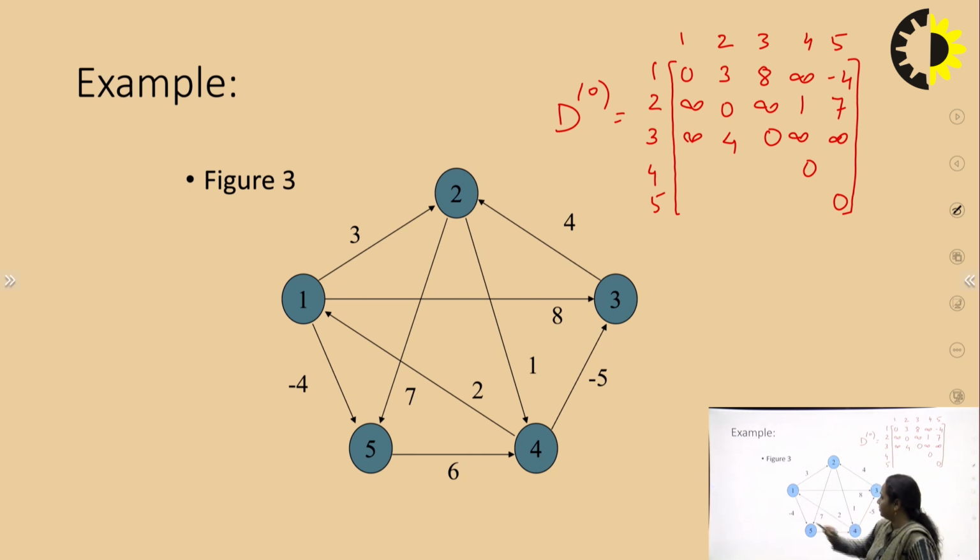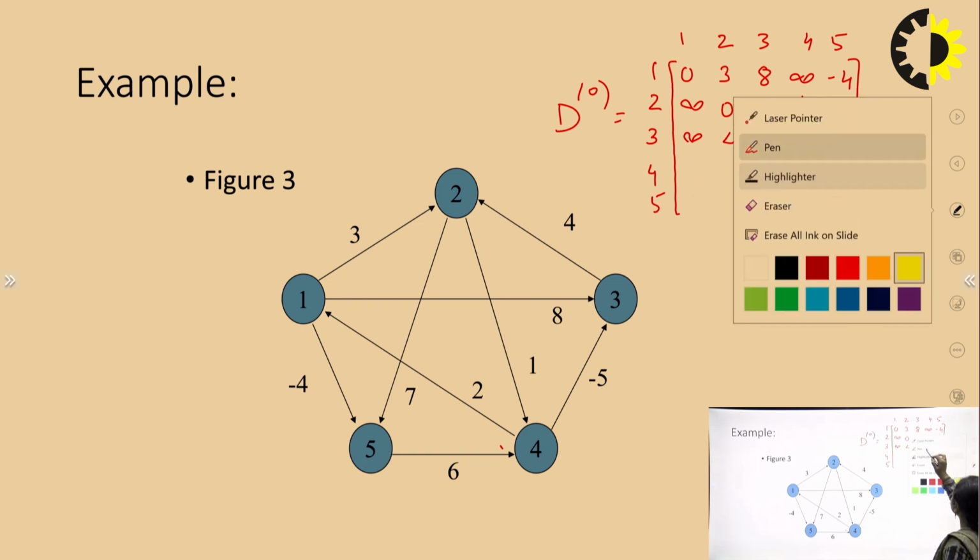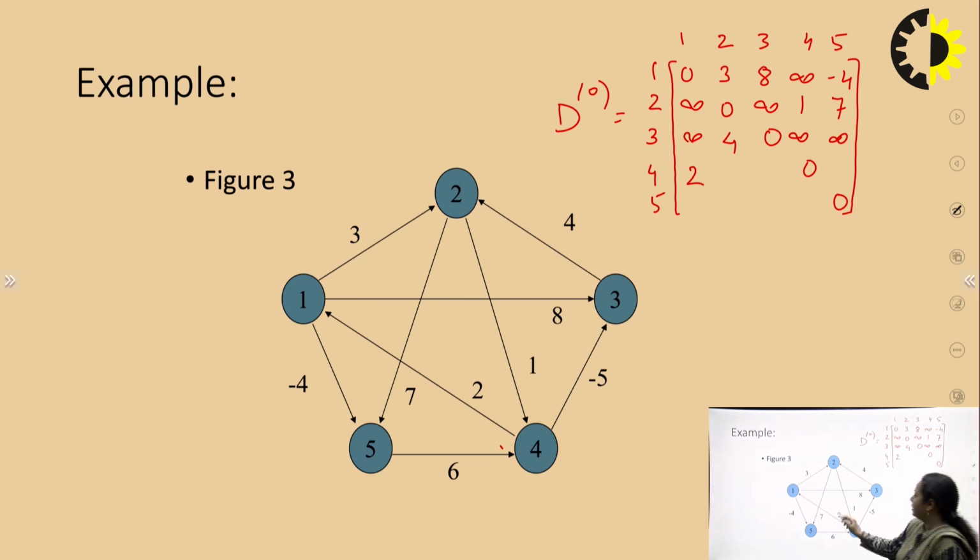Next 4. 4 to 1 direct path is there. What we will write? 7 as 2. Okay, this is the weight given for 4 to 1.